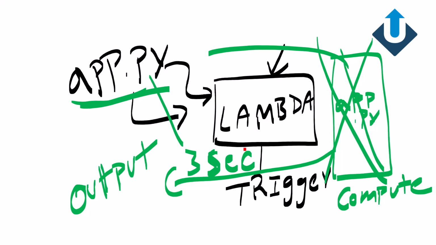Now if you don't have any service like this, if we purchase an EC2 instance for 24 hours, even if you're using it for 1 second, you will be charged for 24 hours. But in case of Lambda, you will only be charged for the amount of time that your compute is running, or the amount of time that your code is taking to run. All right. So that service is called a serverless service, and on AWS you can call it AWS Lambda.